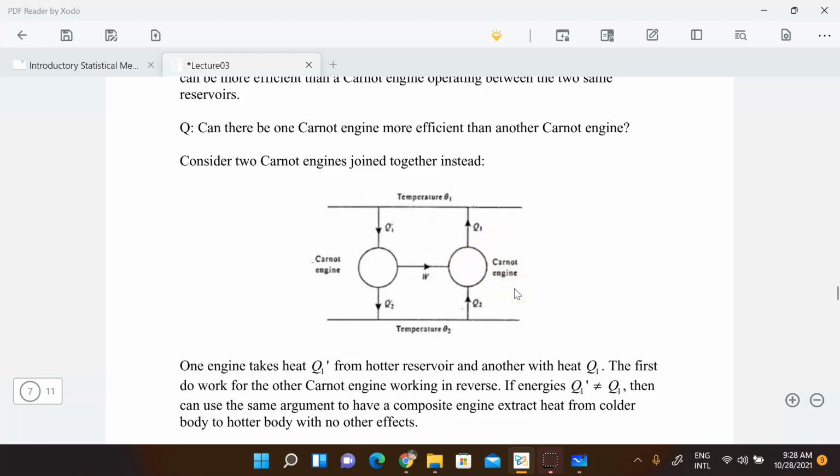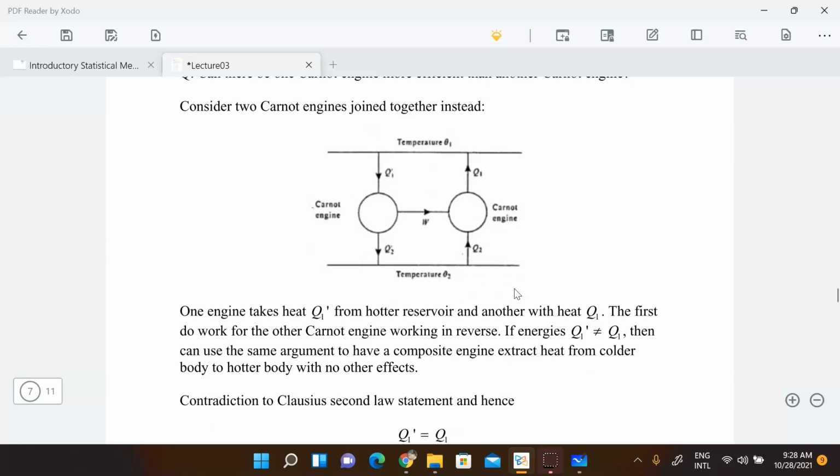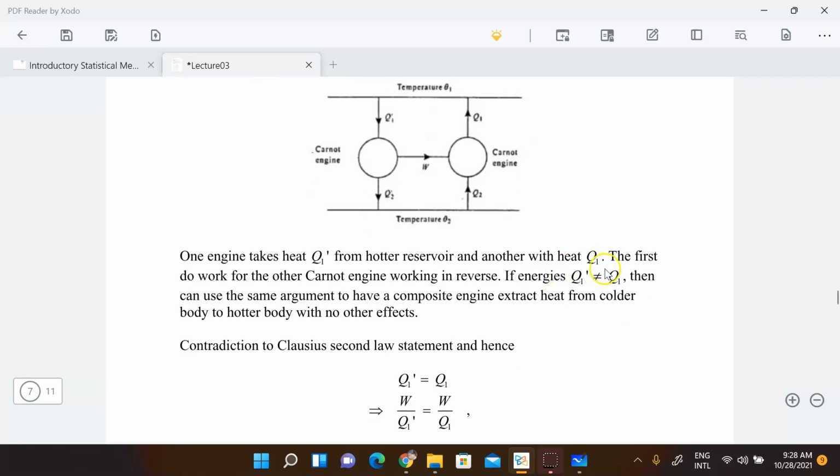If this is possible, then the same kind of argument will occur, because in this case Q1 dash should be bigger than Q1. Oh, sorry, Q1 dash is less than Q1.